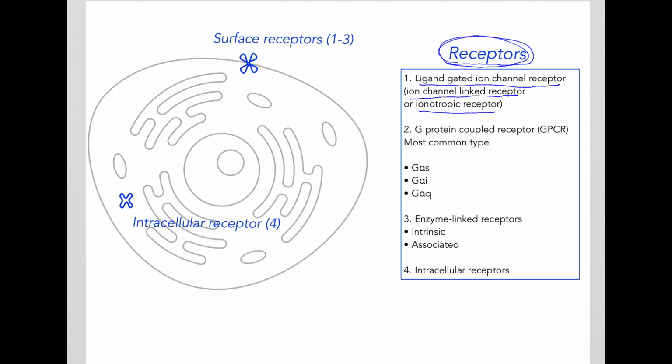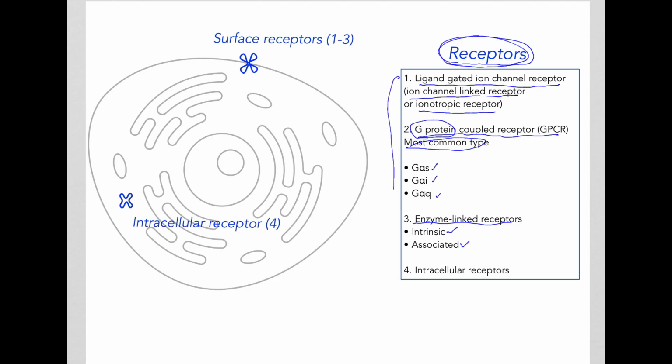Then we'll look at the most common type, which is called G protein coupled receptor. And the G protein that is associated with this receptor could be the G-alpha S, G-alpha I, or G-alpha Q that we'll talk about in future videos. And then we have the enzyme link receptors, where the enzyme activity could be intrinsic to the receptor, or it could be associated with the receptor.